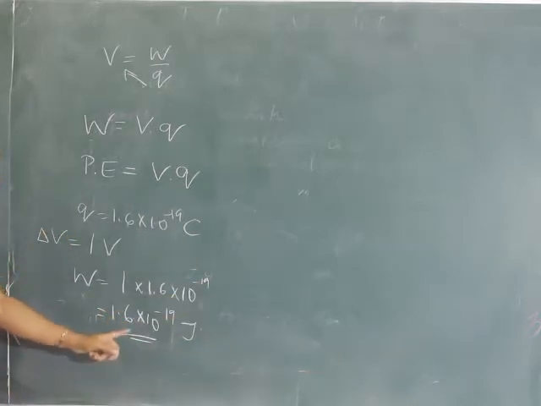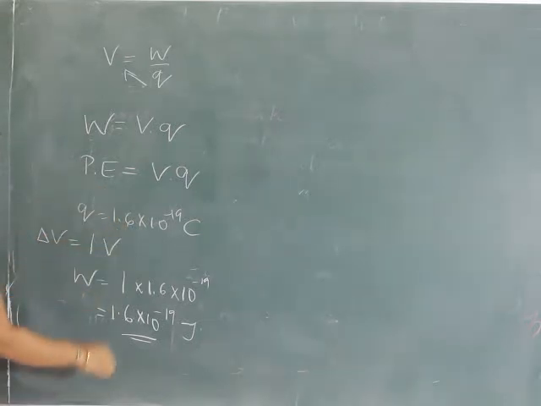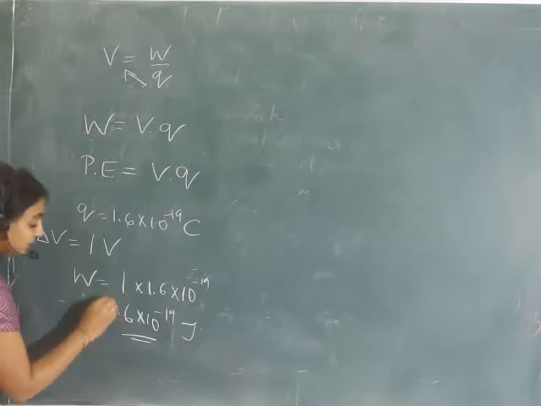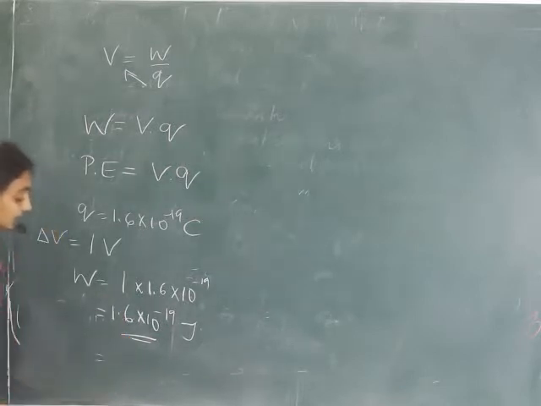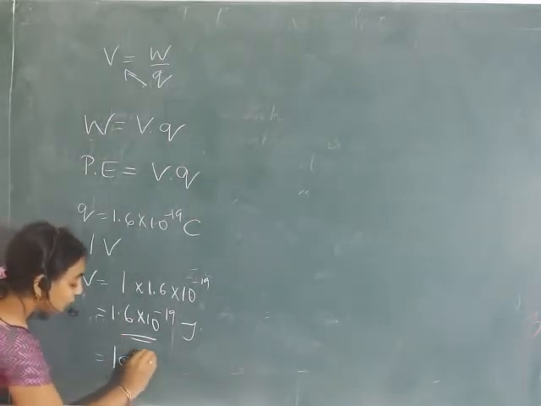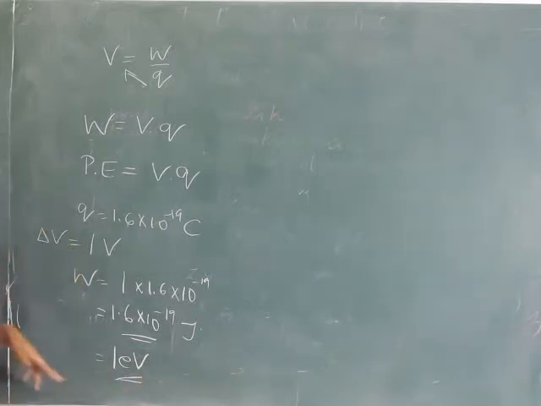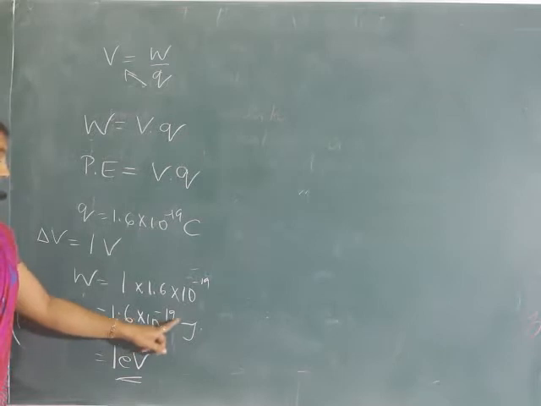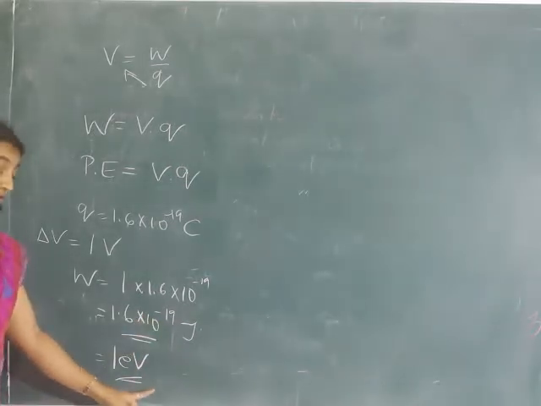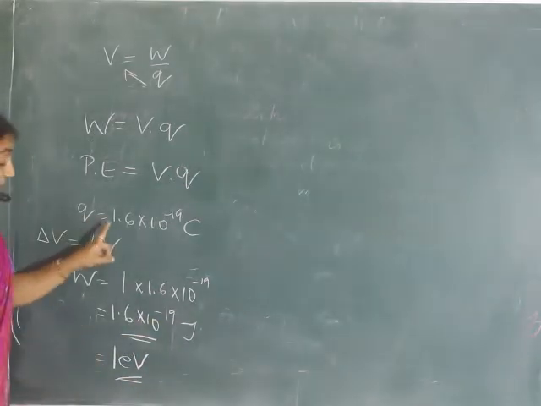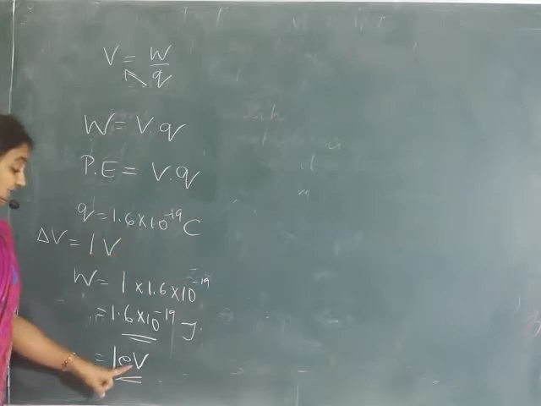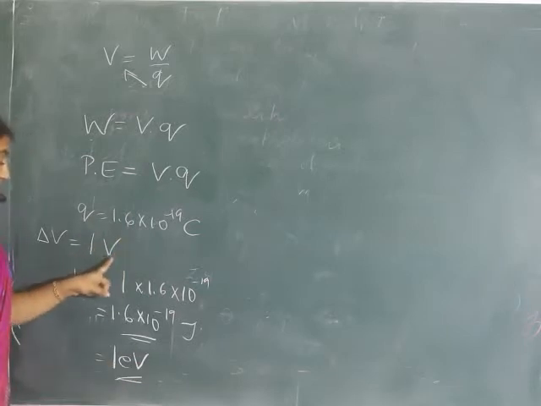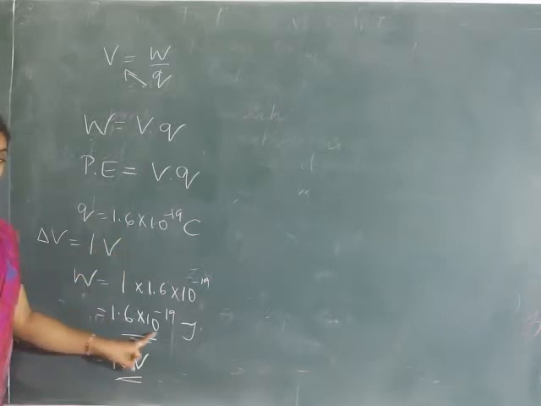I can write this work done as potential energy or in terms of joules. Or else, I can write this as 1 electron volt also. Tell me why I can write it as 1 electron volt. 1.6 into 10 to the power minus 19 joules is 1 electron volt, because when one electron is accelerated through a potential difference of 1 volt, the work done is this much.